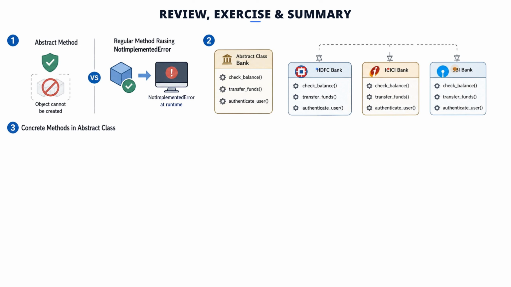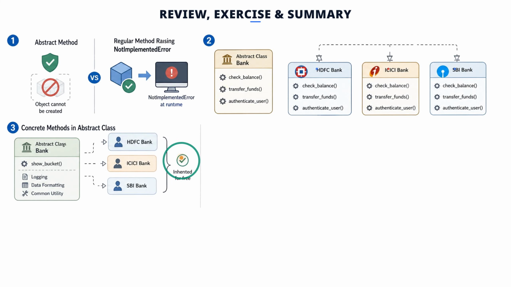Third, remember that abstract classes aren't limited to just enforcing missing methods. They can also hold concrete methods directly. For example, a method like showBucket can be fully implemented in the abstract class. This is incredibly useful for providing shared functionality, things like logging or basic data formatting, which is then inherited for free by all the specific banks, saving you from writing the exact same code repeatedly.